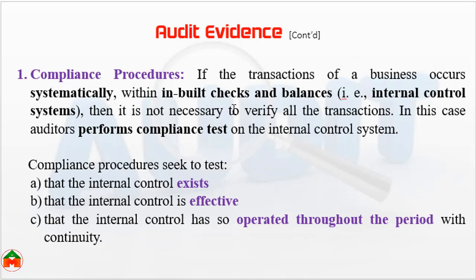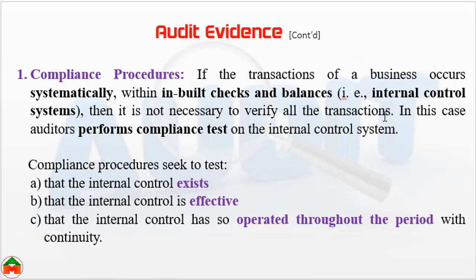If there is an internal control system in an organization, in that case there is no need to check all the transactions, because the transactions occur under a system in which there is a built-in check system where you can check the balances in different ways.